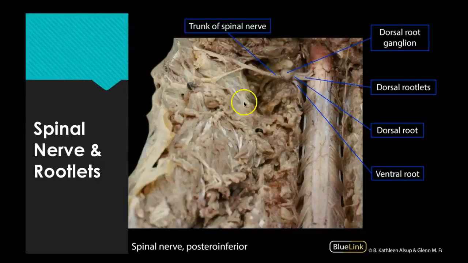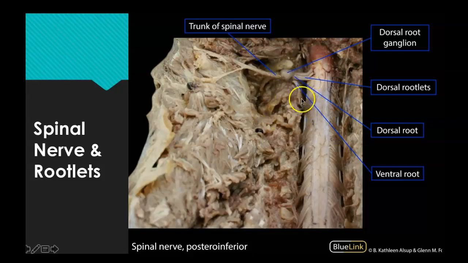Beyond the spinal cord region, we can see extensions coming out from this posterior view, which would be your dorsal rootlets. The dorsal rootlets come together to create your dorsal root, which will then lead to your dorsal root ganglion. Remember that your dorsal rootlets and dorsal root contain your sensory neuron, whereas the dorsal root ganglion contains cell bodies of your sensory neurons.